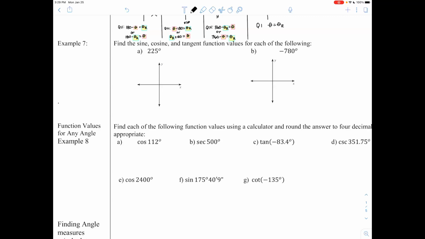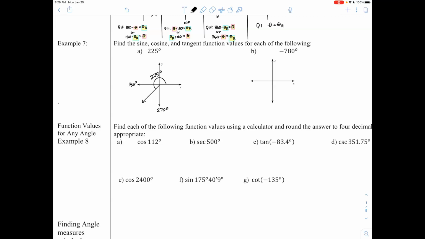Okay, so when I look at 225 degrees, well, if I'm in standard position, then that's going to be here, dead center, between 180 degrees and 270 degrees. So this is 225 degrees.